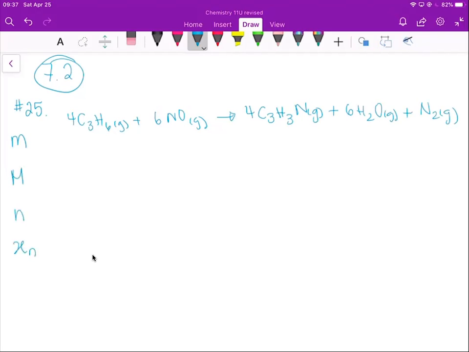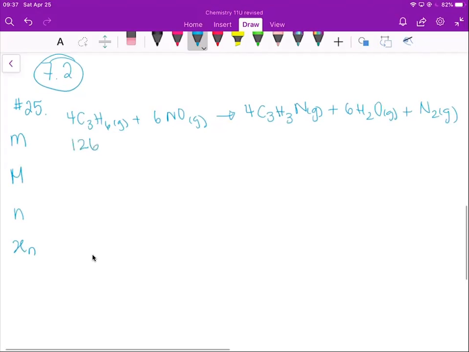So just like always, we're going to set up our table. And now when we set it up, we have two different numbers to put in. I have 126 grams of this hydrocarbon, and then I have 175 grams of nitrogen monoxide.